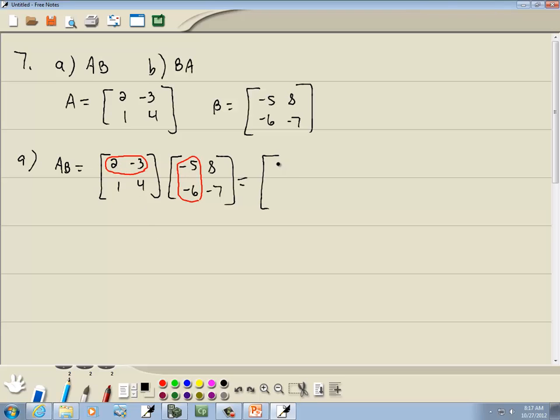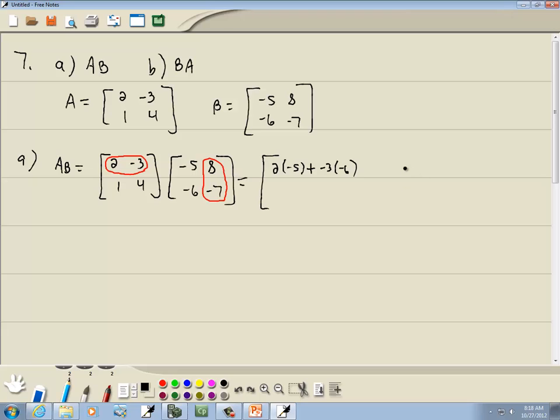So I take this row times this column. Well, 2 times -5, then I'll add -3 times -6. So again, 2 times -5 and -3 times -6. And that's my first entry over here. Then I want to take this row times this column. Like that.